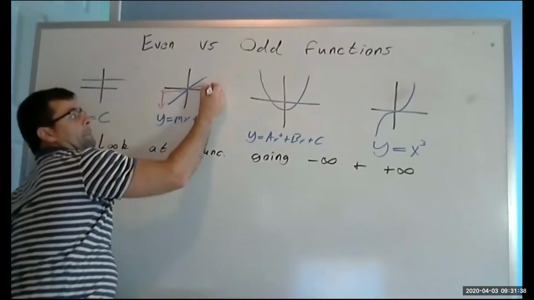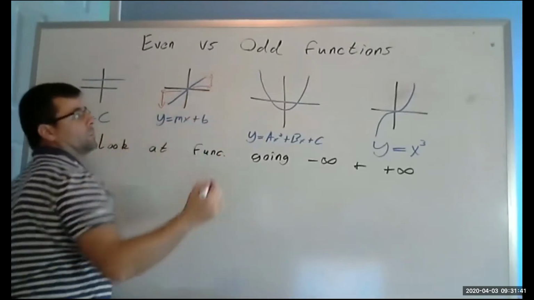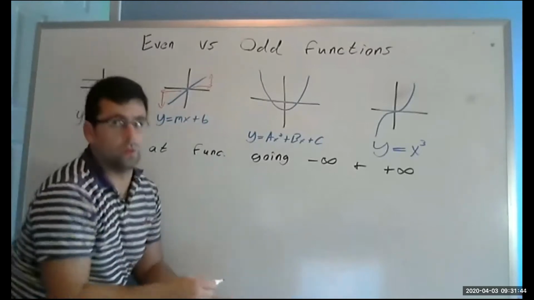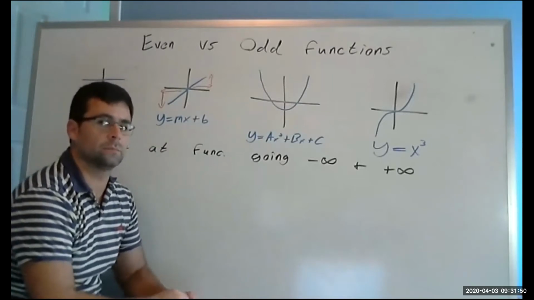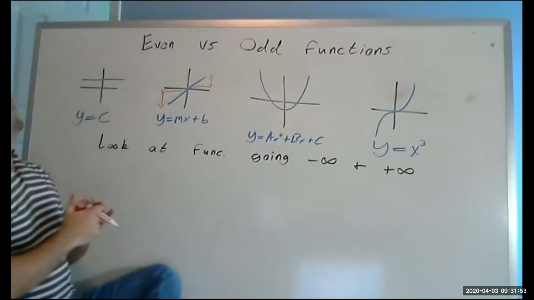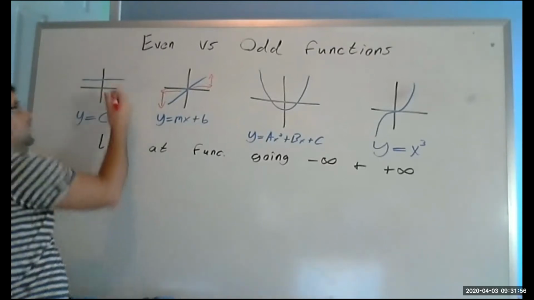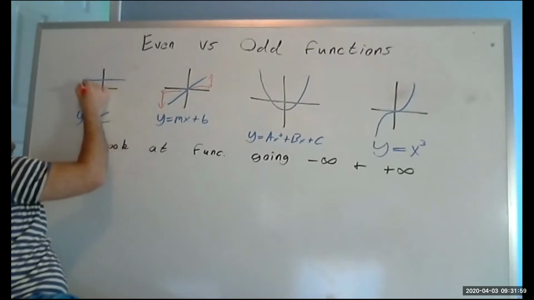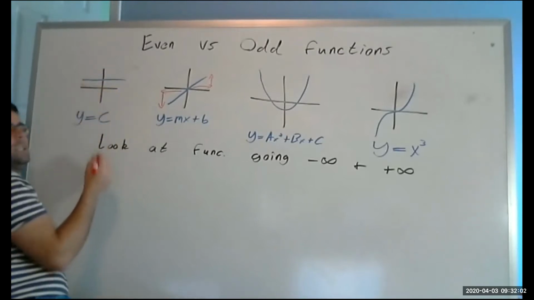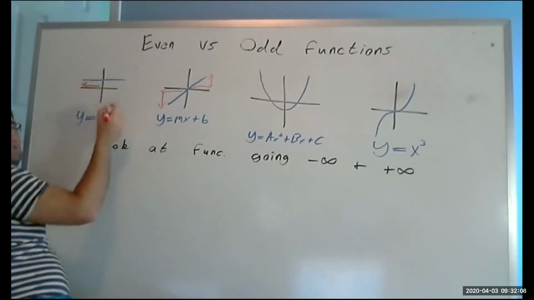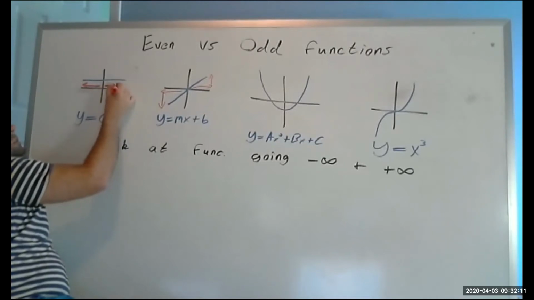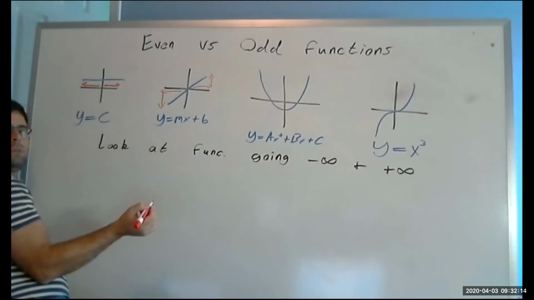So when it goes to the left, it's decreasing. When it goes to the right, it's increasing. So the two ends of the graph are doing the opposite thing. Let's look at this one. As we go to the left, the y value isn't changing at all. As we go to the right, the y value isn't changing at all.